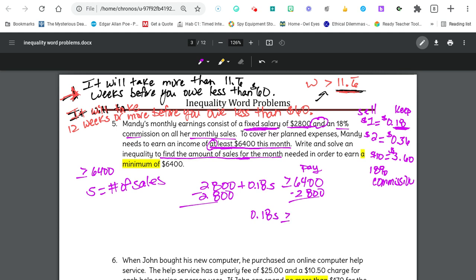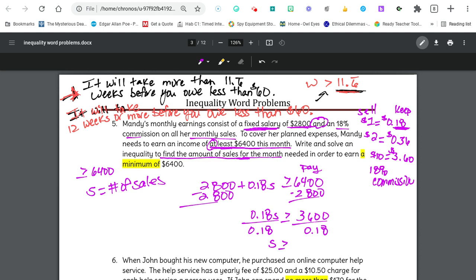Okay, so let me take my handy dandy calculator. Guys, I'm tired this morning. Minus 2,800. It's $3,600. So she's gonna need 18 cents a whole bunch of times to get $3,600. Let's divide and see how many 18 cents she's gonna need.